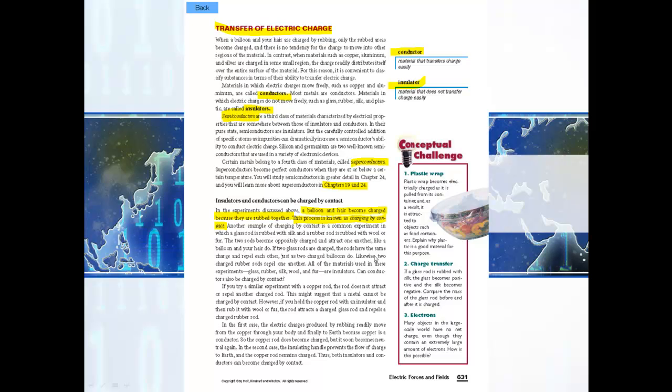When we're looking at the conduction method, we start with something that is already charged, bring it to something that's neutral, and by touching it, we can now make that neutral object charged. Remember though, when we are dealing with conduction, whatever charge you bring to the party, that's the charge my neutral object will get.